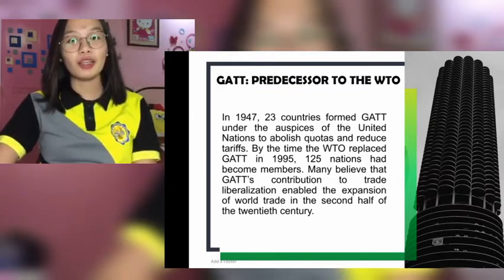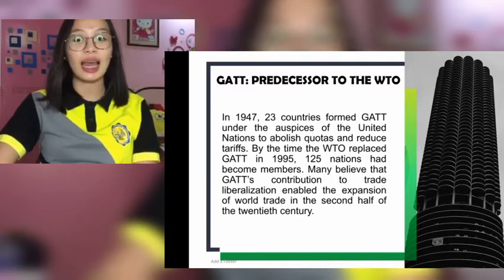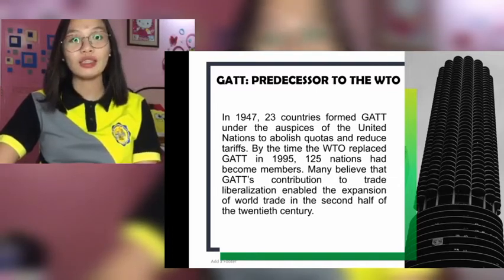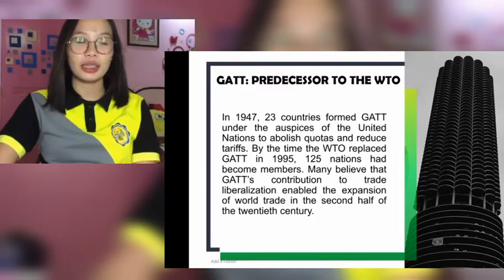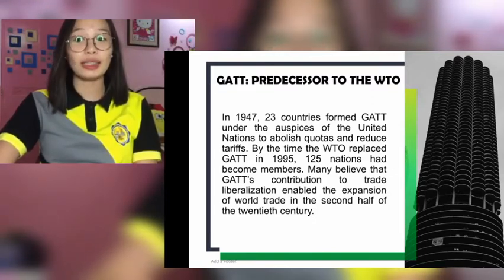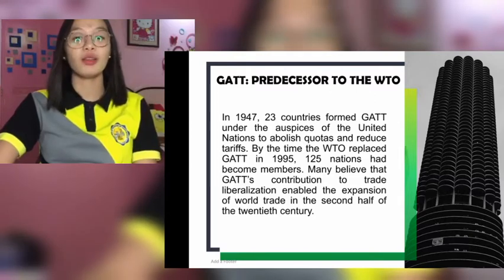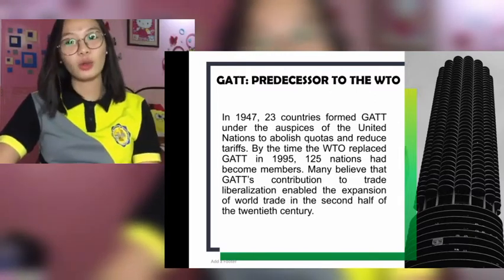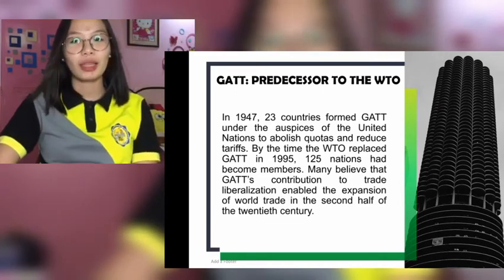By the time the WTO replaced GATT in 1995, 125 nations had become members. Many believe that GATT's contribution to trade liberalization enabled the expansion of world trade in the second half of the 20th century. The purpose of GATT was to eliminate harmful trade protectionism.